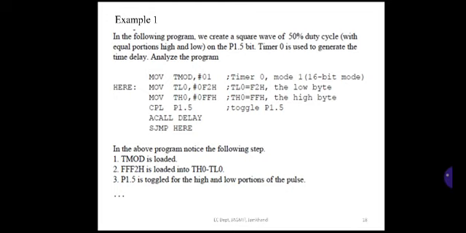Then to generate a square wave, we have to consider two voltage levels, lower voltage level and higher voltage level. For that purpose, once the value of P1.5 must be 0, another time the value of P1.5 must be 1.